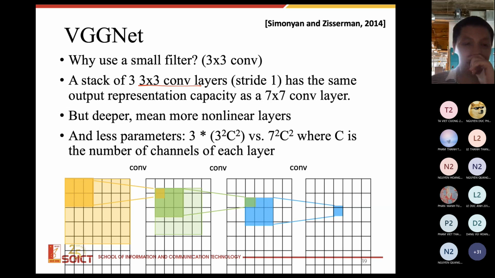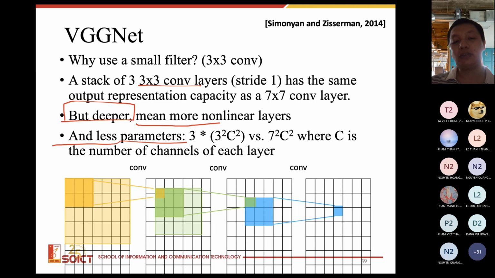But the difference is we have a deeper network, more layers, which means we have the possibility to learn more nonlinear functions, right? And we have fewer parameters.